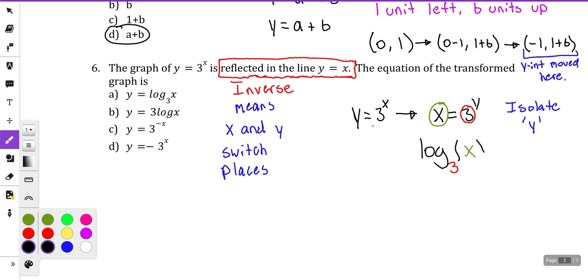And that will equal whatever your exponent was. Base of the power becomes base of the log. Whatever was on the other side becomes the argument. The exponent is now left by itself. My answer here is log base 3 of x. That means A is the solution.